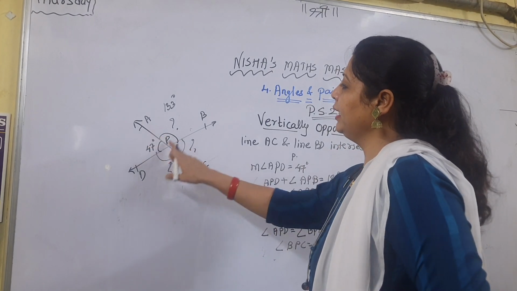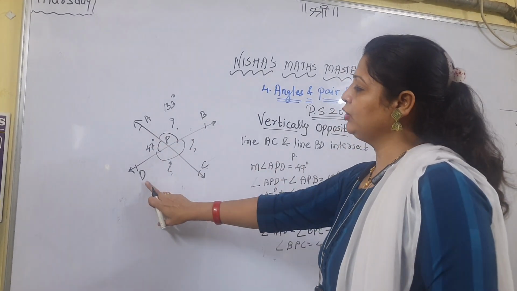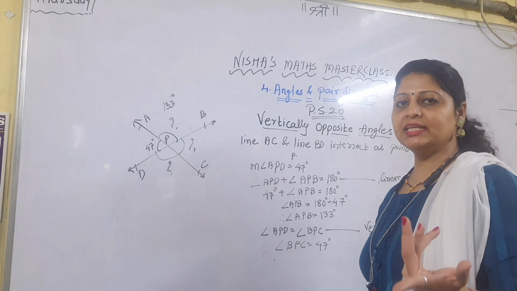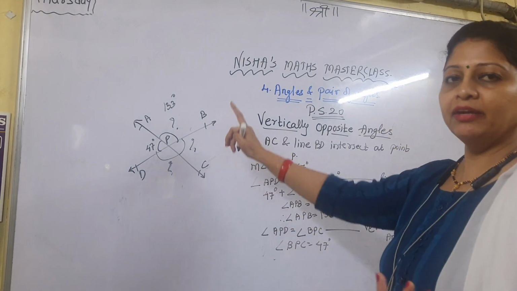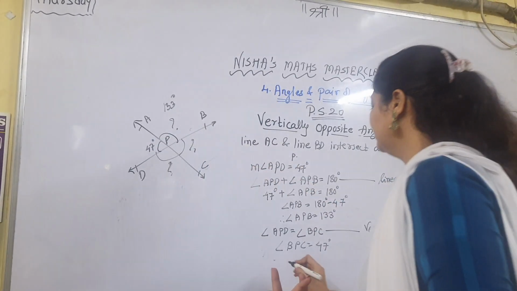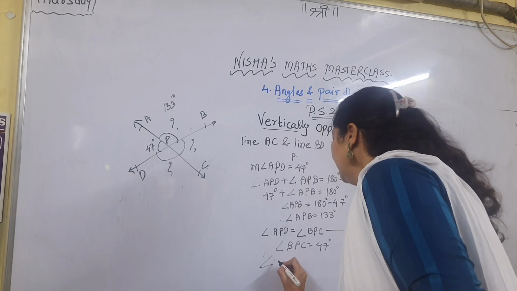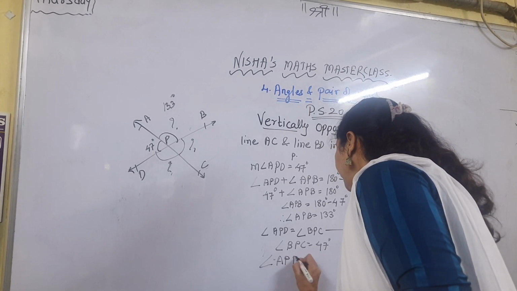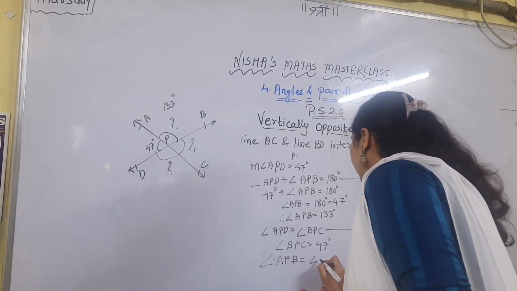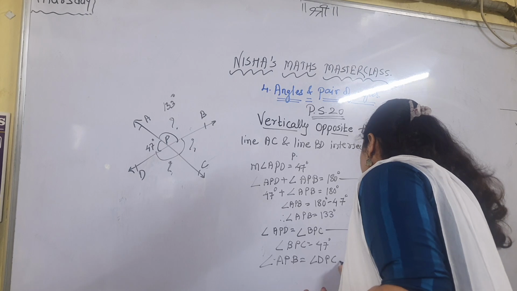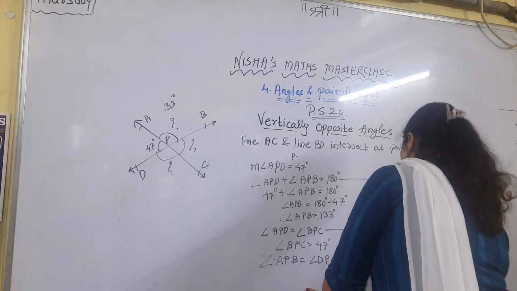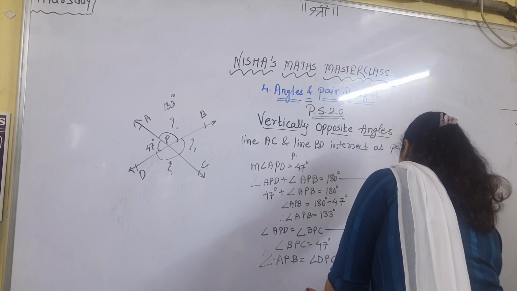Same, angle APB is equal to angle DPC. What is the reason behind that? Both are vertically opposite angles. So again write down angle APB is equal to angle DPC, and the reason is vertically opposite angle.